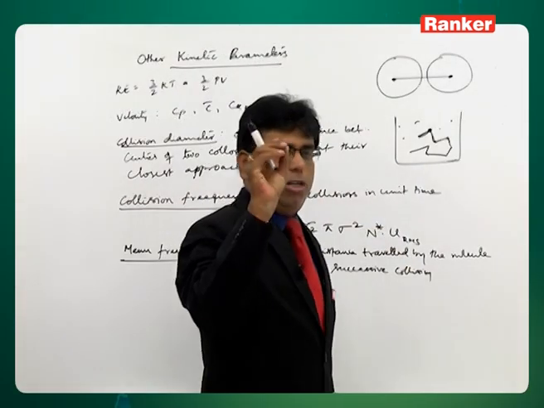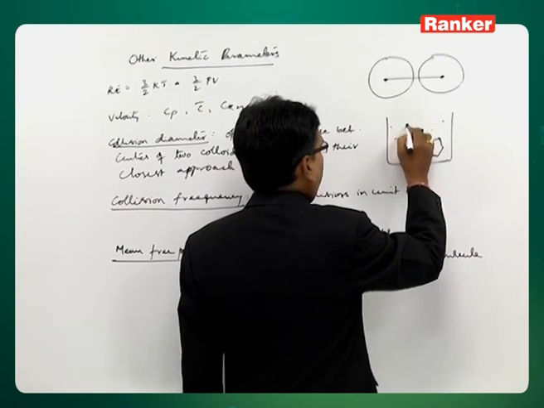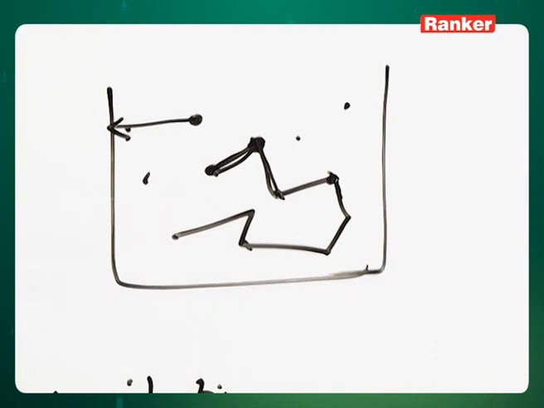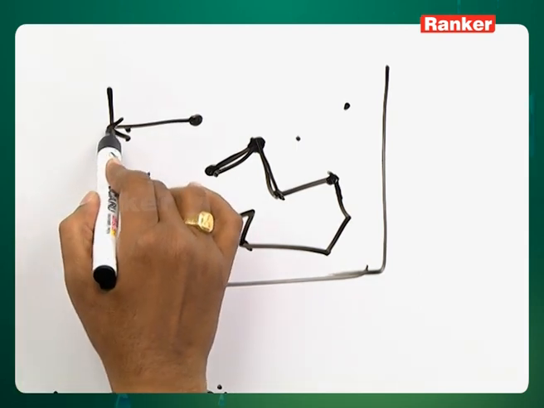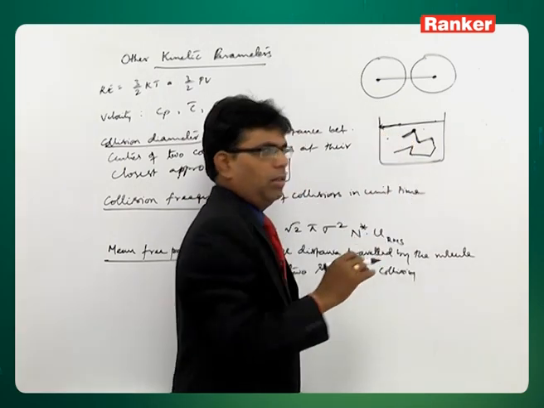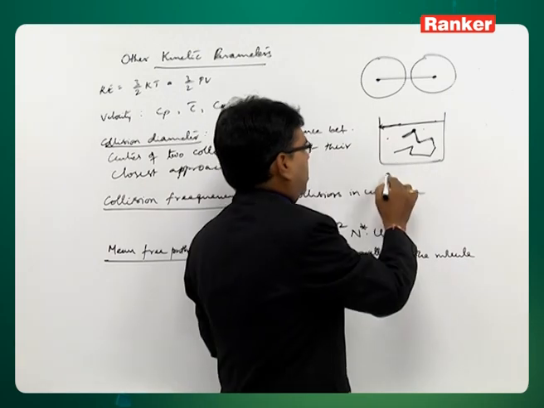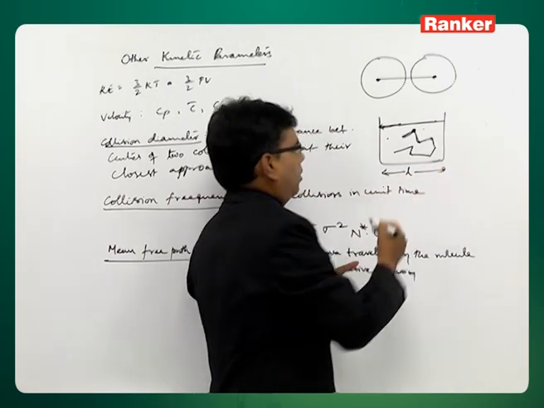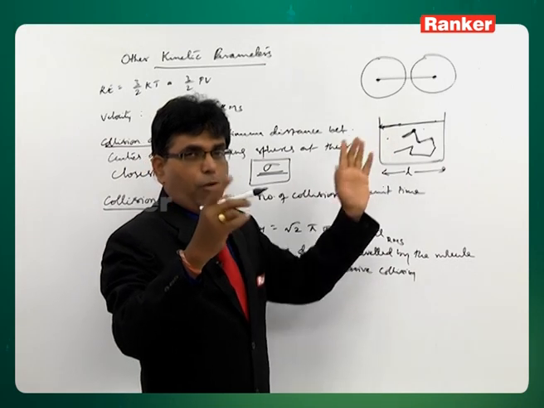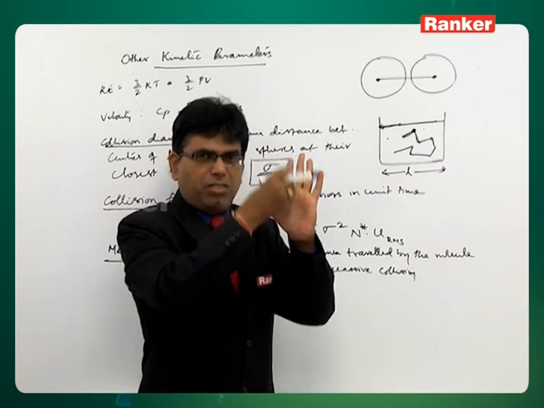Suppose you consider a one-molecule system, with a particular molecule that hits the wall of the vessel. For this molecule to hit the same wall again, the distance it travels must be 2L centimeter, if this is L centimeter, to have a collision on the same surface of the vessel.